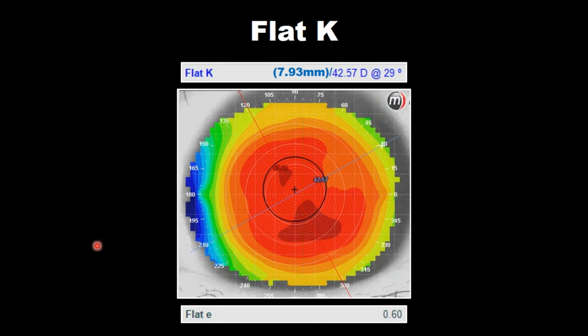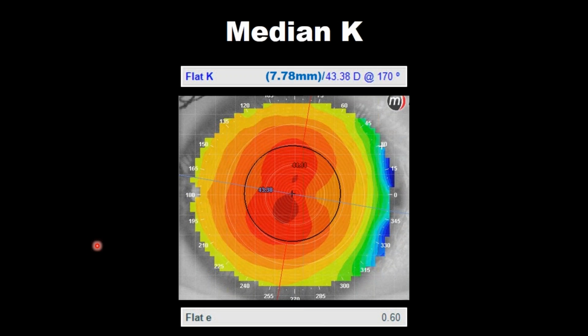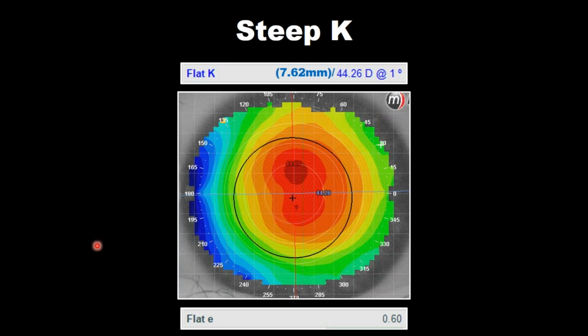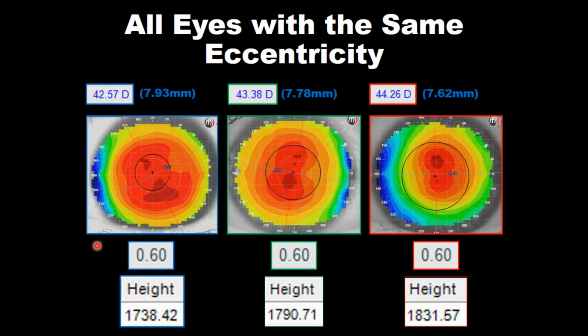Now, how does that eye compare to this eye? If we have the same eccentricity of 0.6, but now a flat K reading of 7.78, slightly steeper. What if we compare that eye to another cornea, a little bit steeper, 7.62, but the same eccentricity? So let's bring all of these eyes together and compare how they might be different.